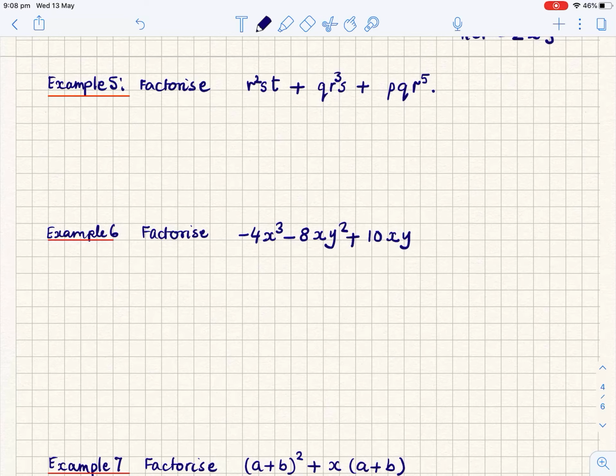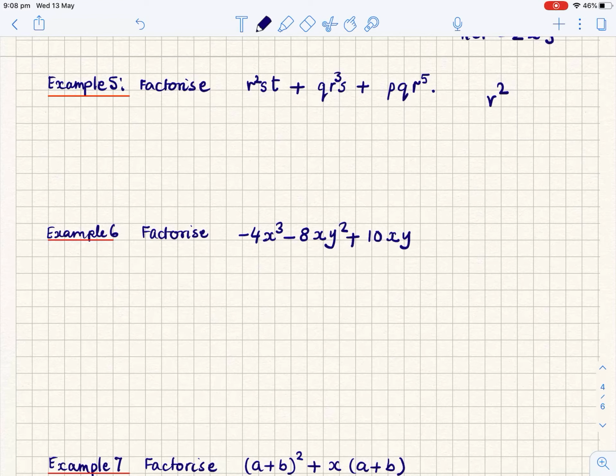If you look at the lowest power of r, which is common, it is r squared. The letter s is common in the first 2 terms, but not in all 3 terms.